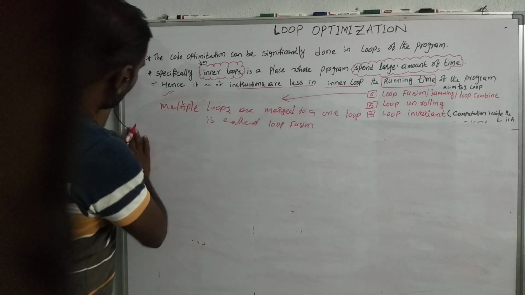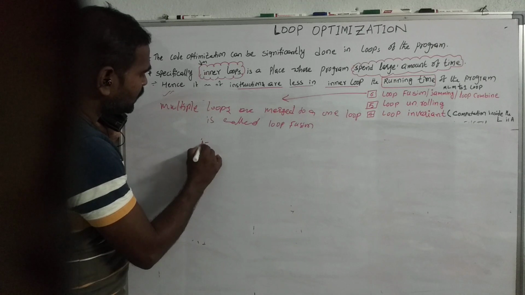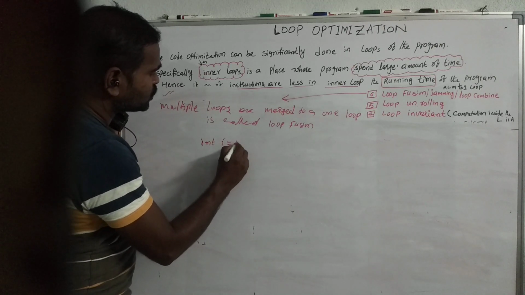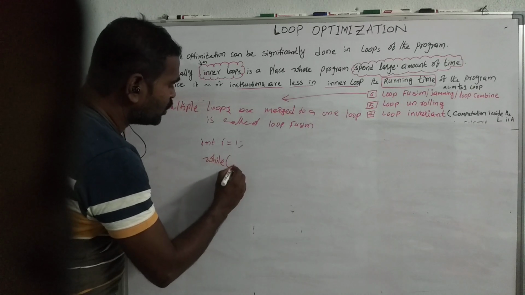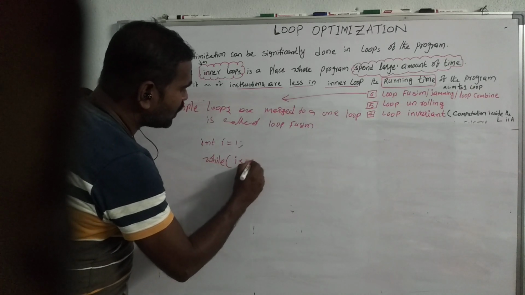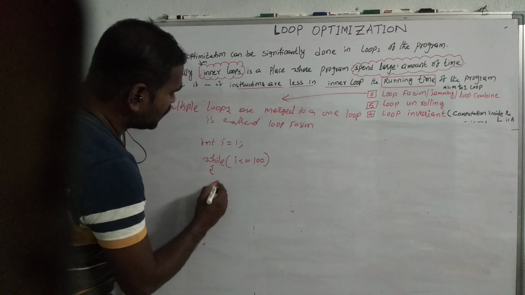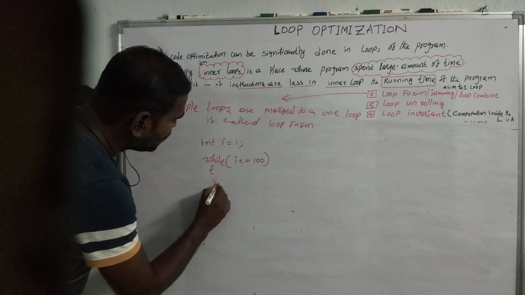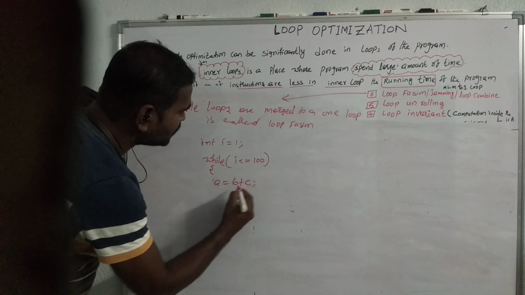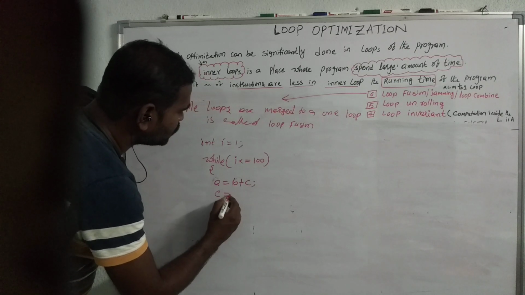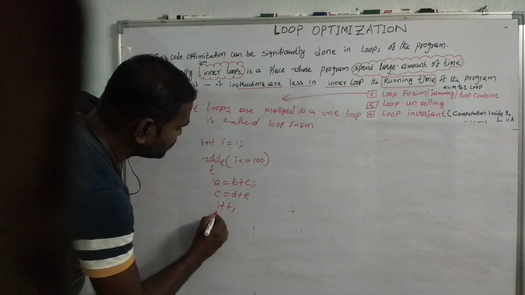Suppose here I want to take some code. Here int I is equal to 1. Now while loop I less than or equal to 100, then here A is equal to B plus C, then C is equal to D plus E, then I plus plus.